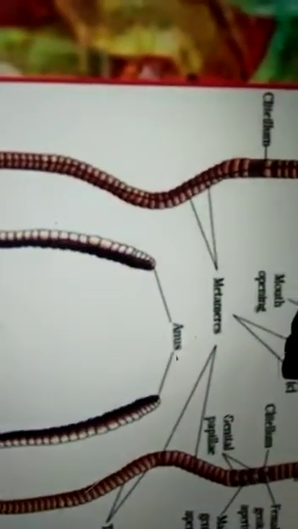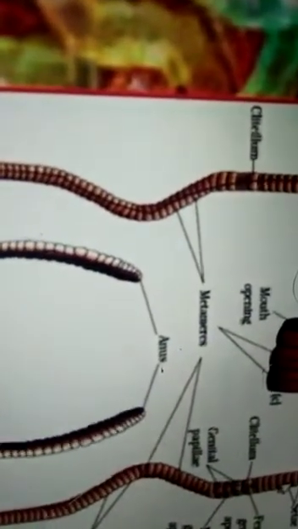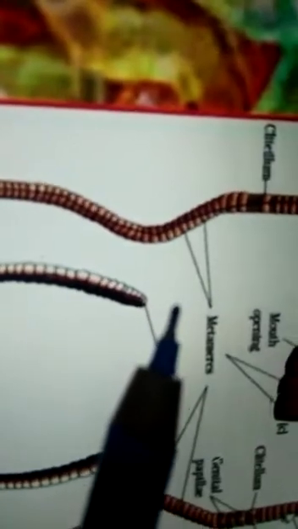Next, setae. These structures are present in the middle of each segment as small S-shaped structures in the epidermal pits, present in all segments except the first, the last and the clitellum. They help in movement from one place to another.